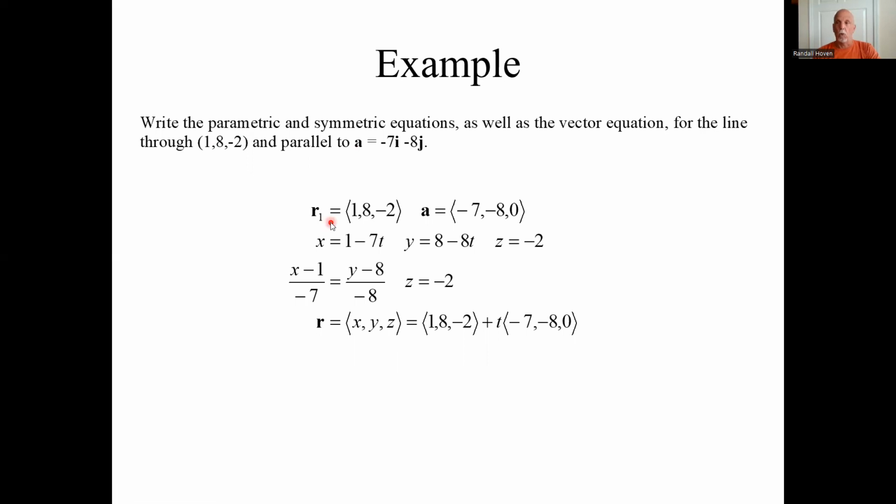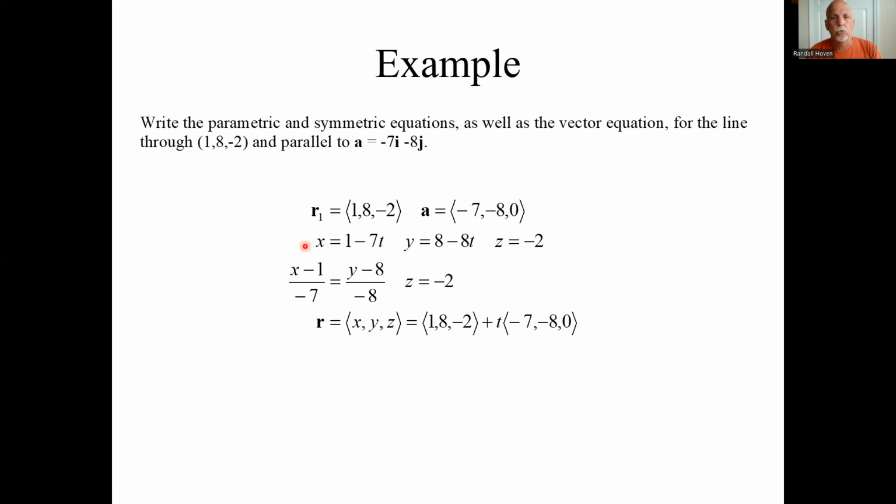Well, we have the R1 that we need, a point on the line, 1, 8, minus 2. Here it's expressed as a position vector. And the direction vector, minus 7, minus 8, 0. So we have the 2 things we need to write it in any of the forms.